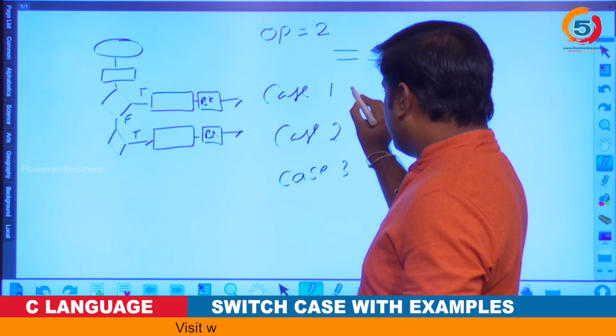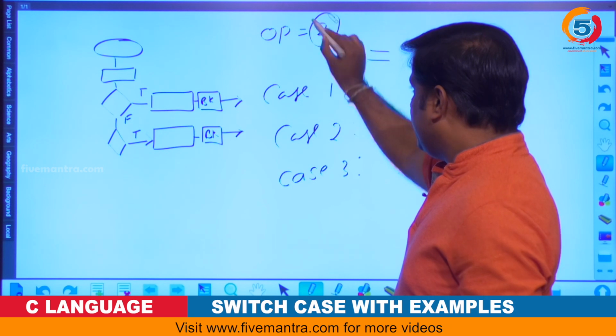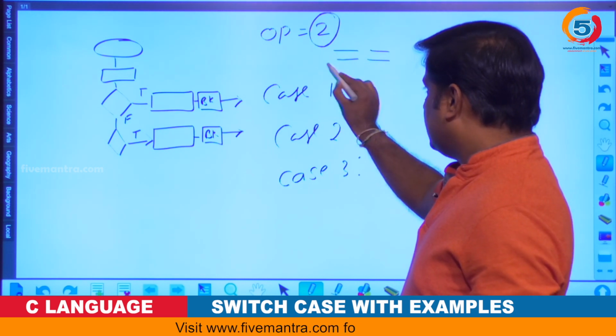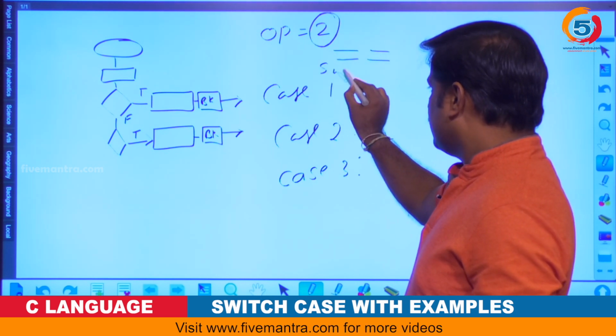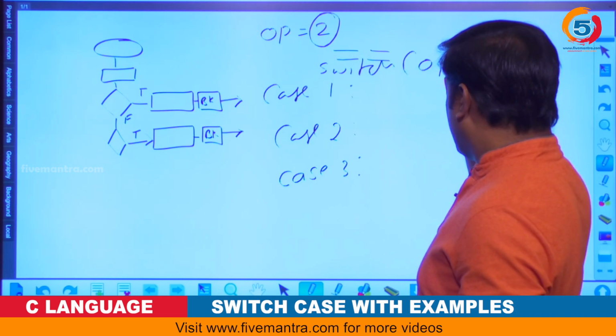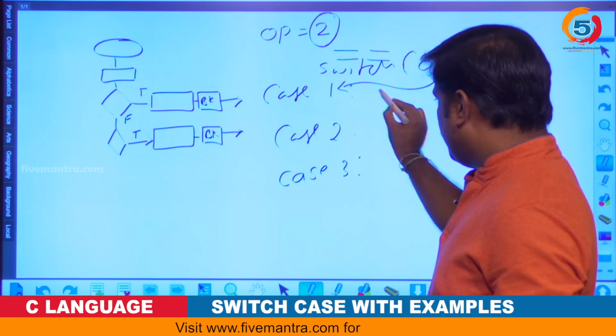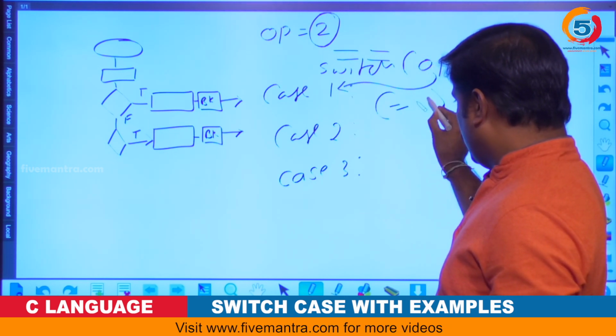You must give a colon. When 2 is given to the switch, this optional variable will be compared every time with the equal to operator.